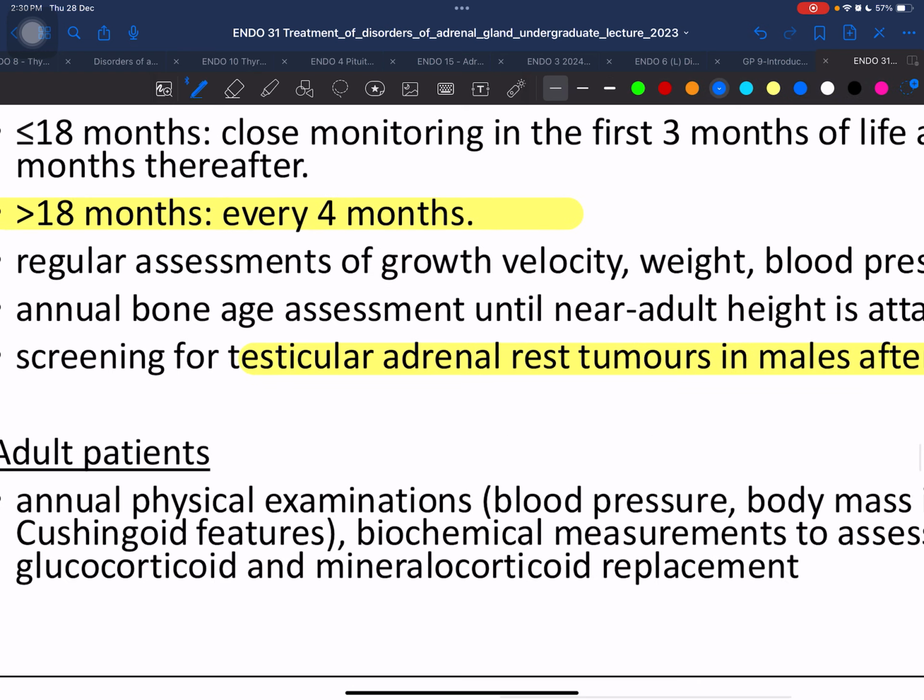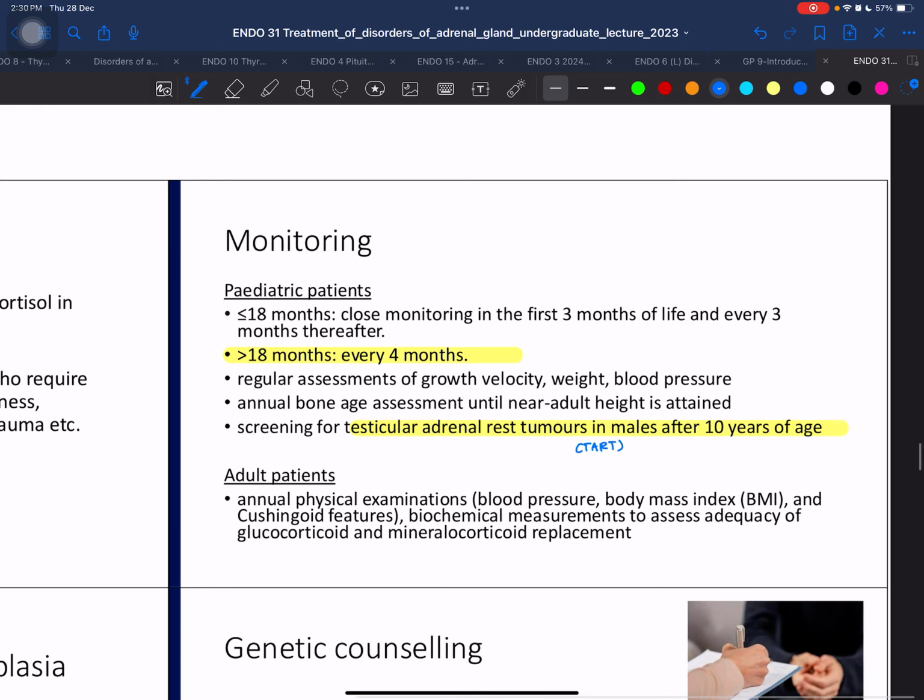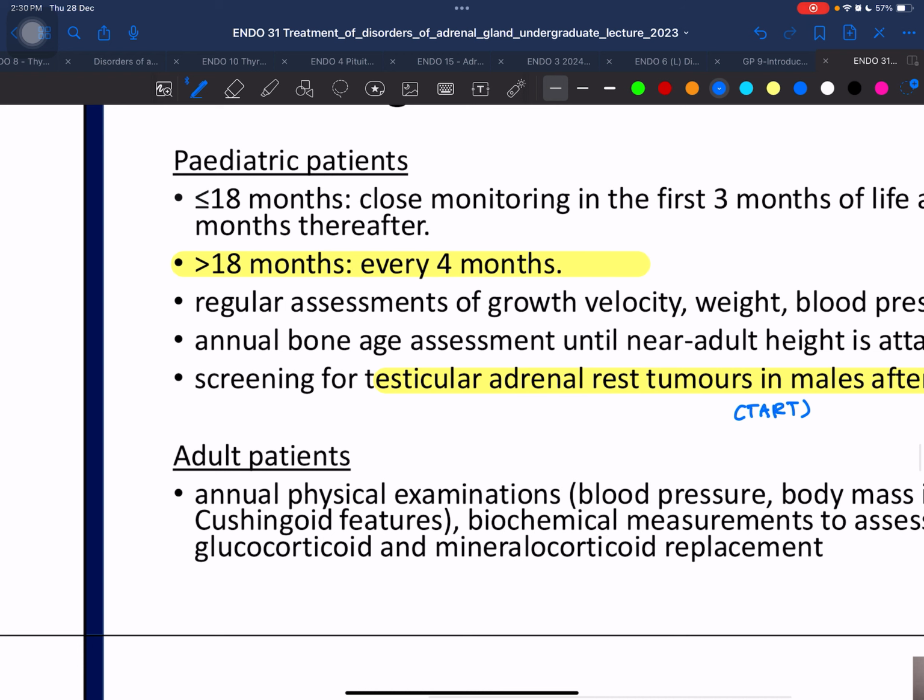Have you heard of it? This is something that can be seen in male patients with CAH. So they have some small tumors in the testes, okay, that are very similar to the adrenal tissue type. Okay, so these are called TARTs. So you need to screen for male patients after 10 years of age.